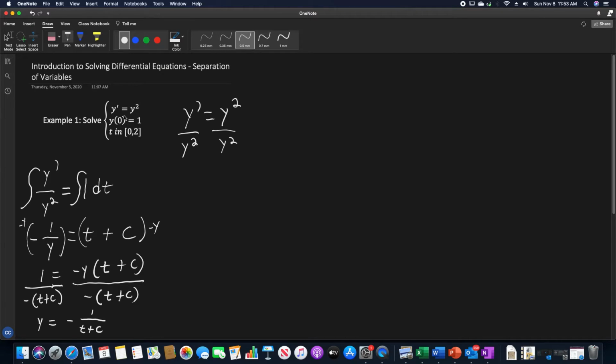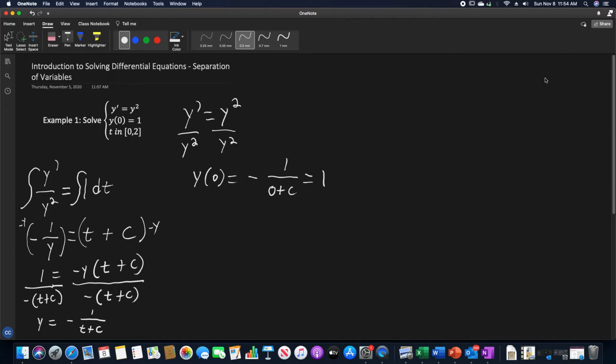Now based on our initial condition, we have y of 0 is equal to 1, so we're going to plug that into the equation that we just found. So negative 1 over 0 plus c, I just realized this is supposed to be a 0, not a 1. So y of 0 is equal to negative 1 over 0 plus c, and this is supposed to be equal to 1.